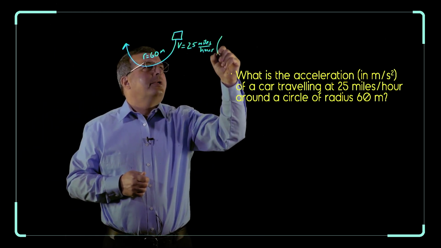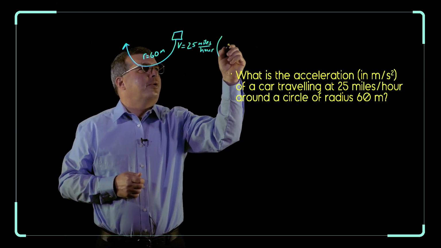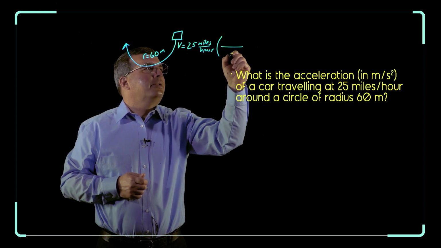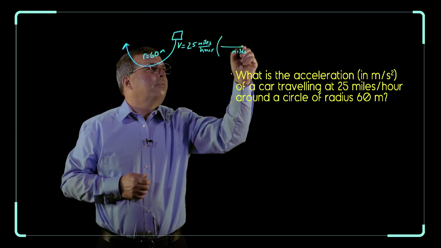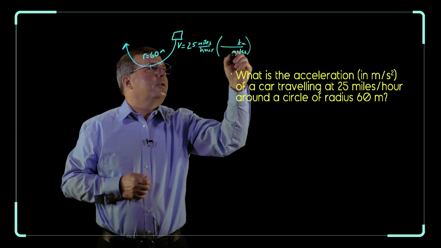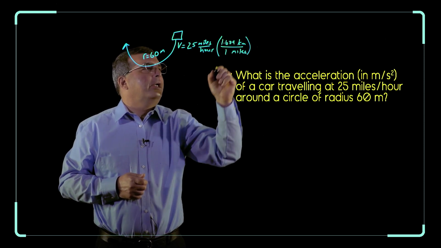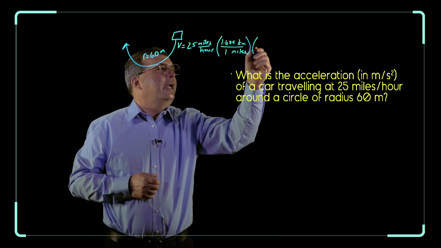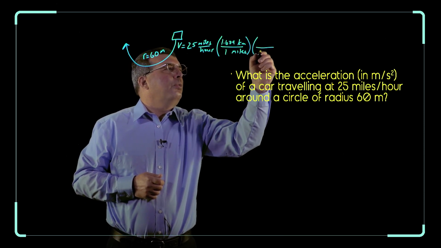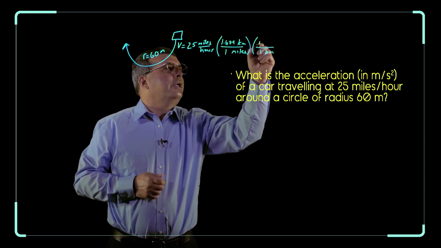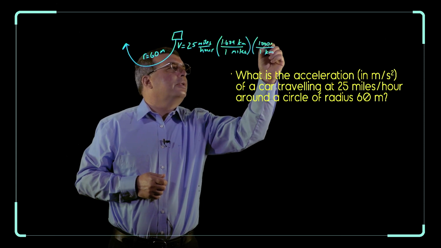So I'm going to convert my miles to kilometers. And 1 mile is 1.609 kilometers, and 1 kilometer is 1,000 meters.